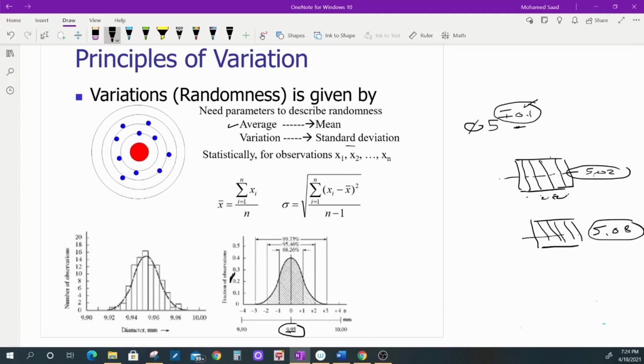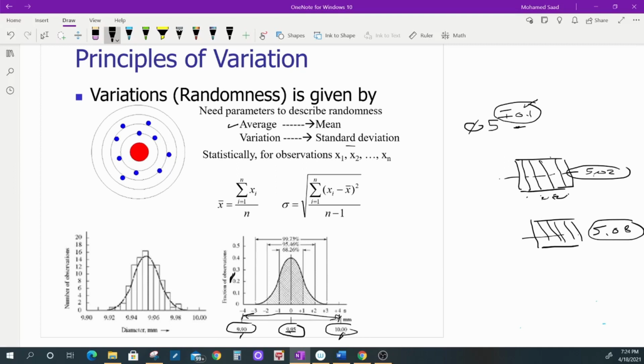The variation can be represented by the standard deviation, which basically represents this variation along the diameter axis. You can also represent the variation by the range, which is the difference between the maximum and the minimum value, which is 10 minus 9.9, right?